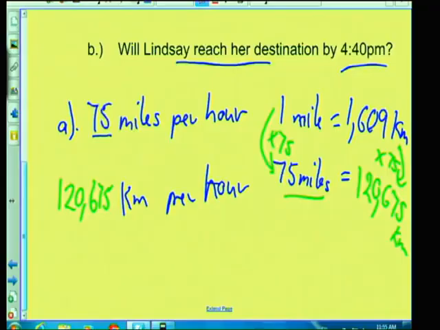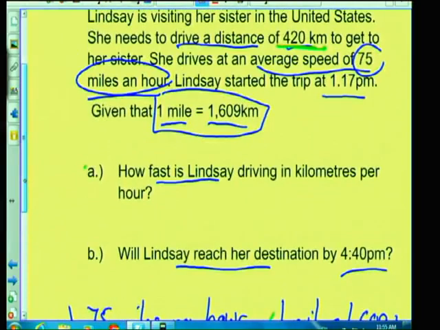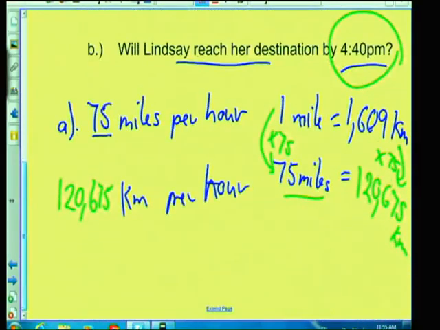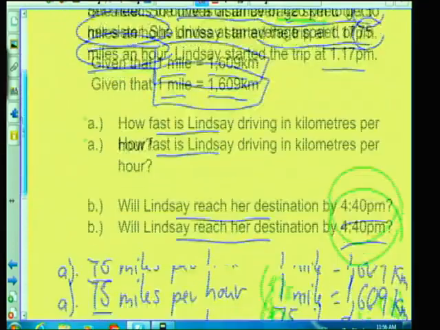Now, the next part tells us that she has to travel 420 kilometers. And we want to know is, will she reach her destination by that time, by 4:40 p.m.? So what I'm going to do for part B is say to myself, well, she's got to travel 420 kilometers.